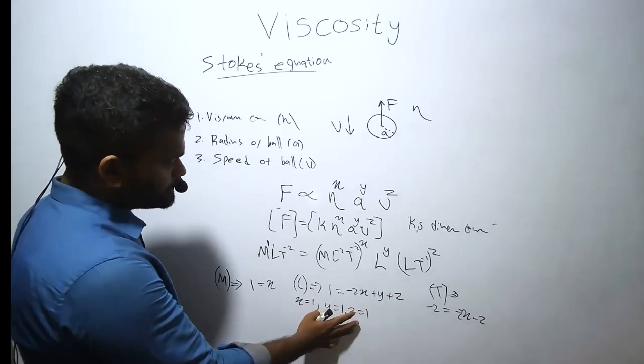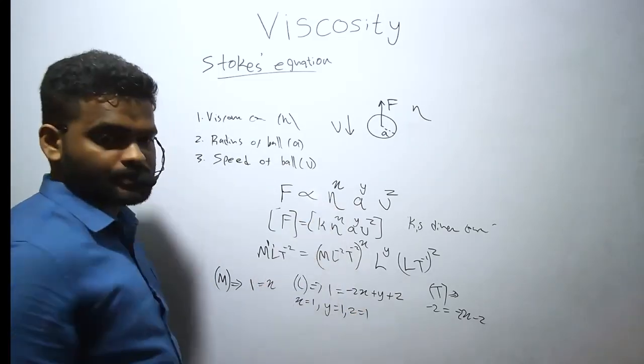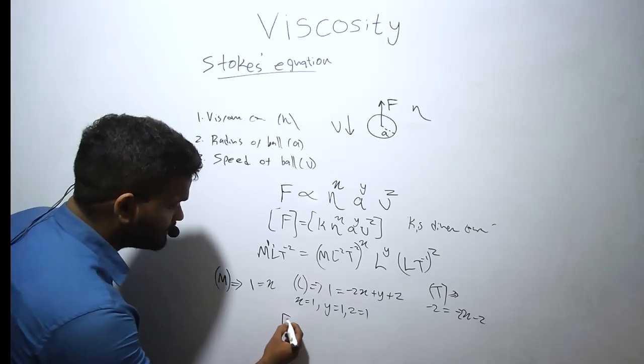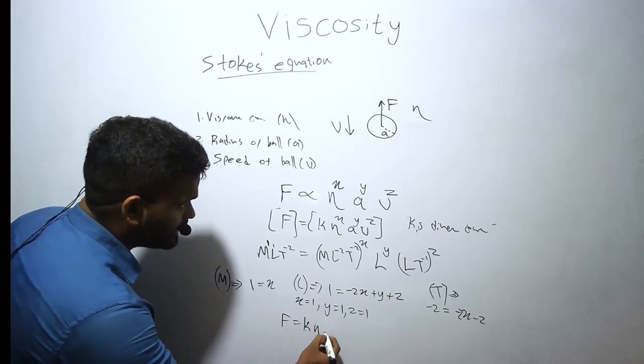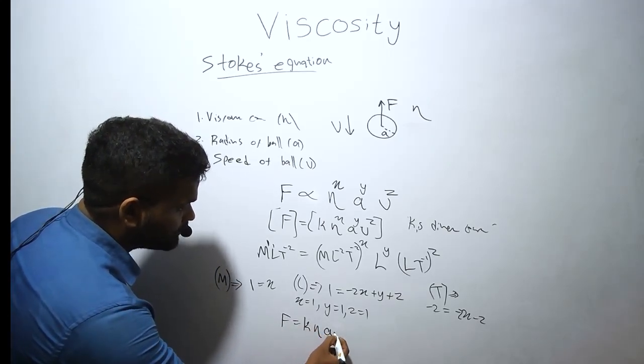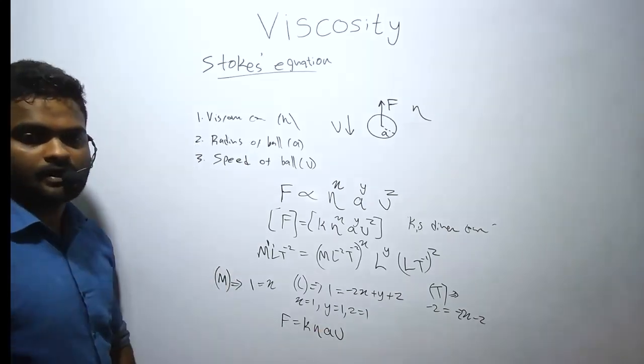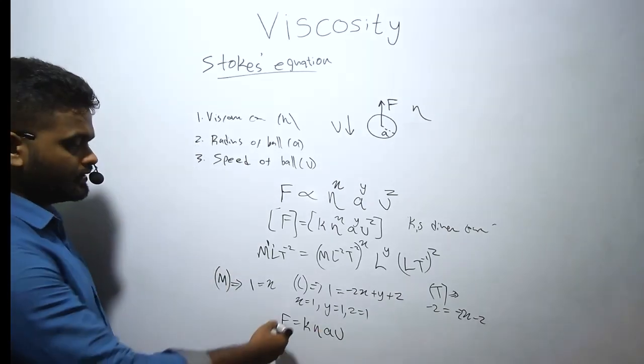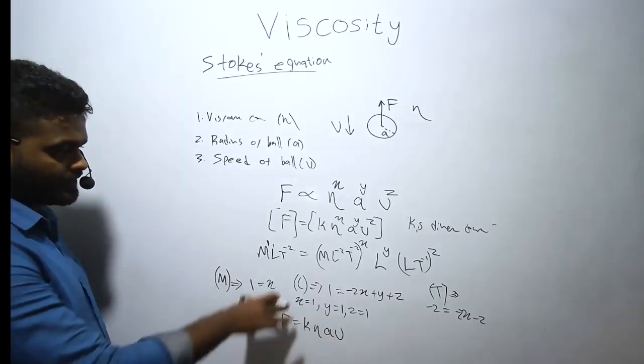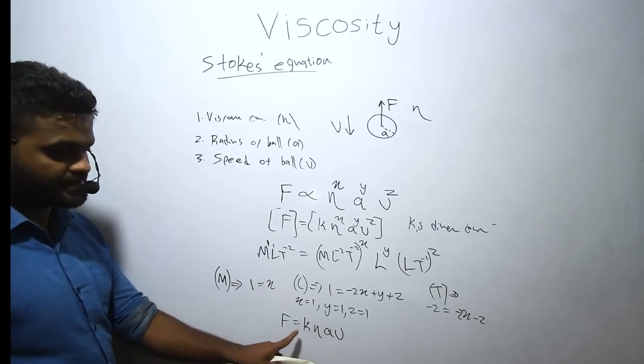Then you can substitute these in this equation. So what do you get as the equation? K eta to the power 1, a to the power 1, v to the power 1. So this is the equation. Okay, take it down: F equals k eta a v.